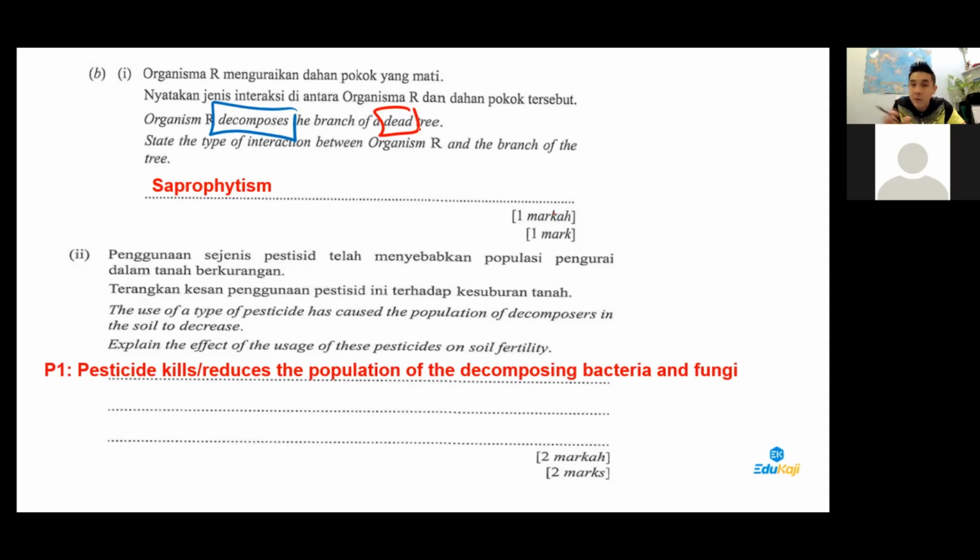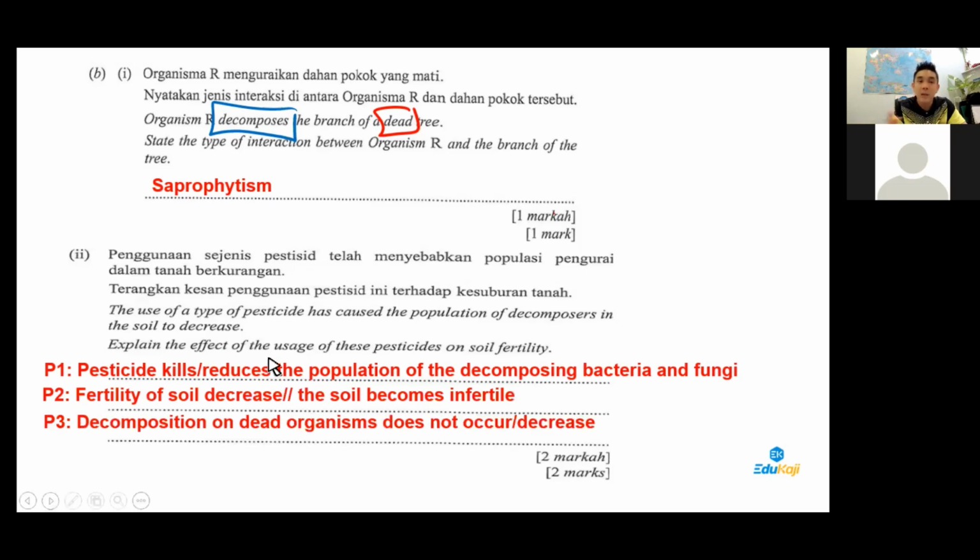Kesuburan tanah, easier to understand. Definitely lesser. The fertility of soil will decrease because decomposition does not occur. Because through decomposition, you get the nutrients, and then the nutrient content will drop.